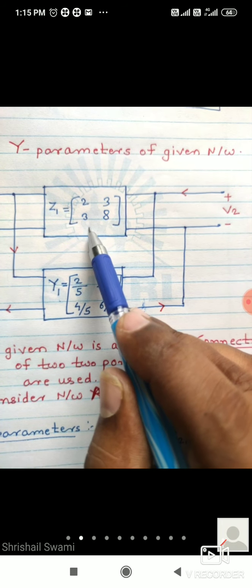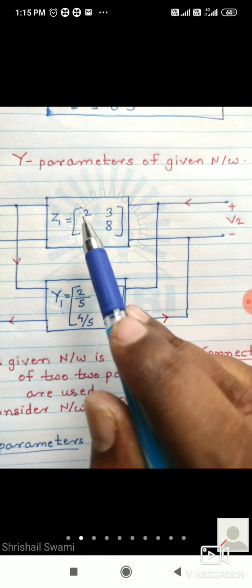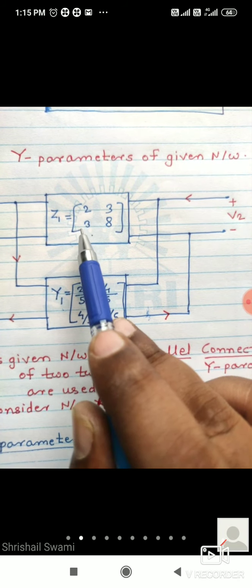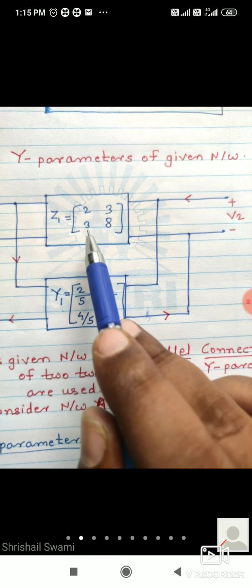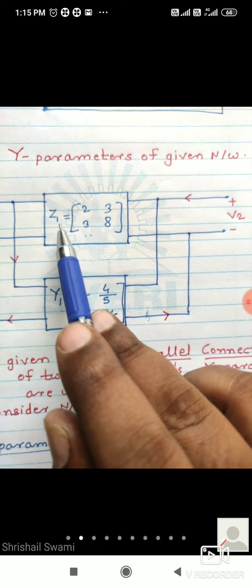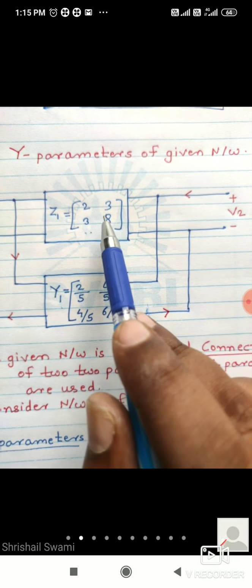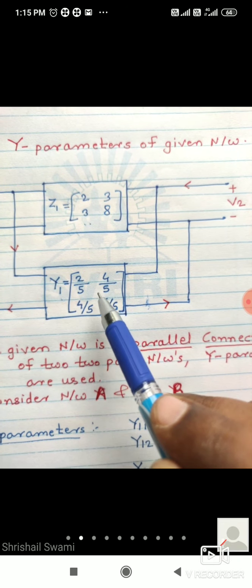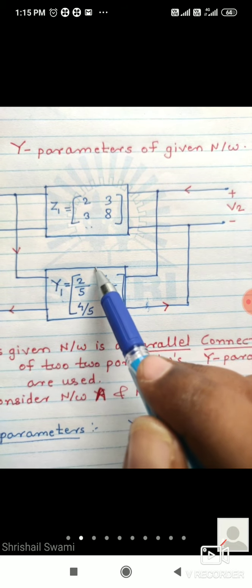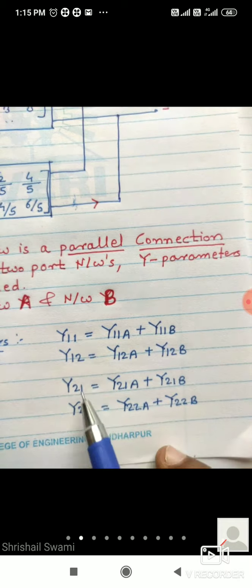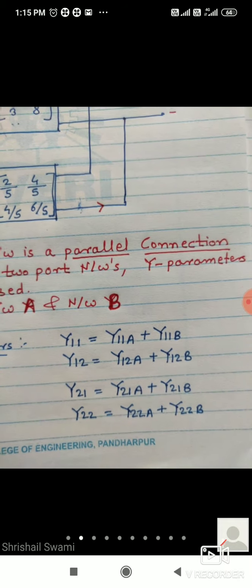So Z parameters are given, you can easily convert the Z parameters into Y parameters. पहिलं तुम्हाला काय करायचं आता? नेटवर्क A चा Z पॅरामीटर दिलेला आहे, त्याचं तुम्हाला Y पॅरामीटर मध्ये कन्वर्ट करावं लागेल. मग दोघांचं ऍडिशन करायचं. Okay, so make it addition and then you will get the final Y parameters of the parallel combination.